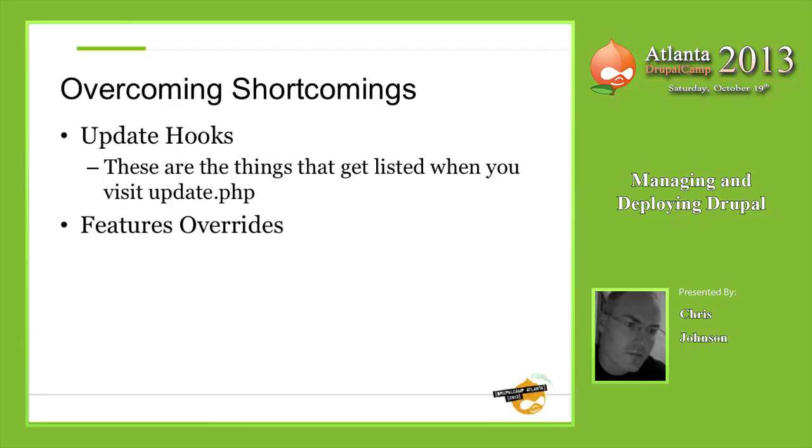So a little bit about overcoming the shortcomings of Features. There are update hooks. An update hook is just a specially crafted function in your module's .install file. These are the things you see when you go to update.php: update 7001, update 7002, 7003. Those are just functions that Drupal keeps track of, asking have I run this function or not?